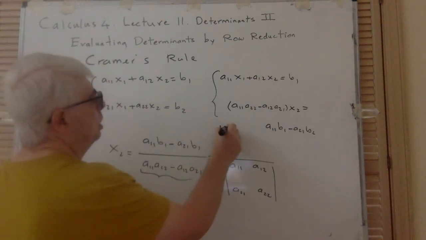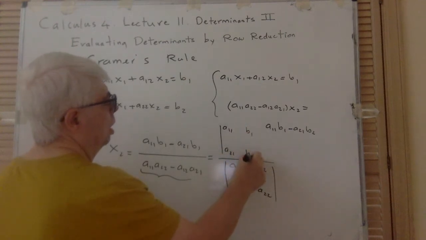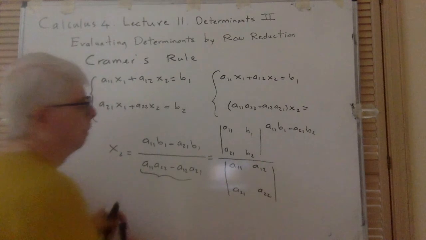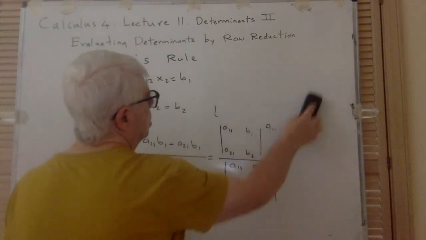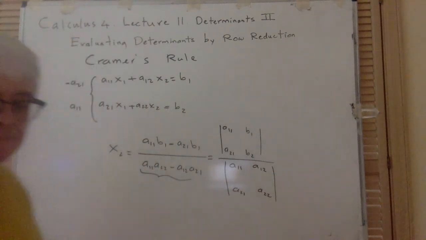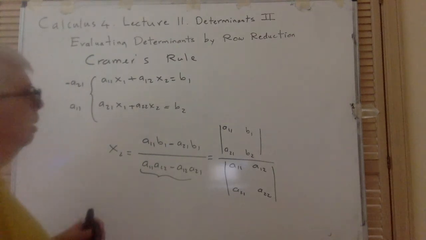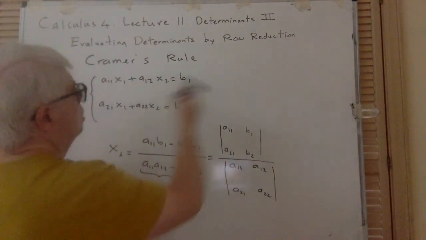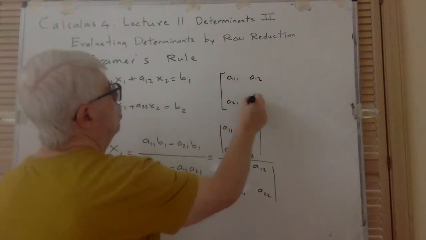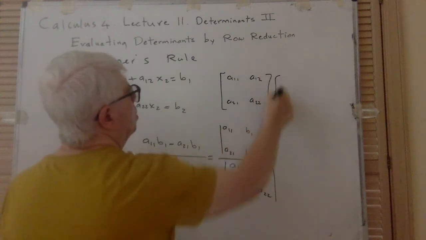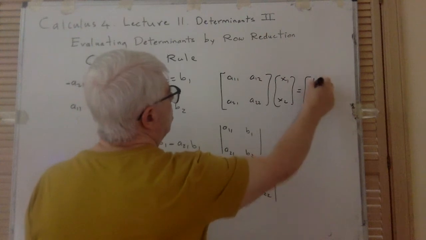It's like expanding this. Wow, so the solution is in fact this. This system is the matrix with rows a11, a12 and a21, a22 times x1, x2 equals b1, b2.